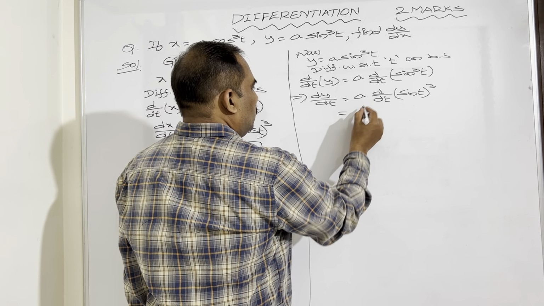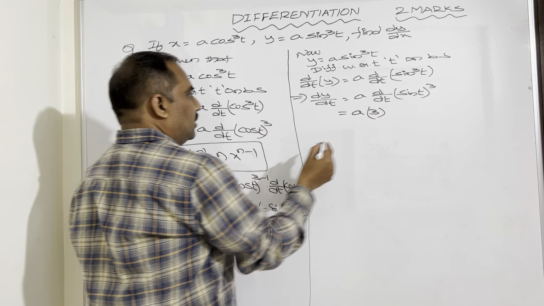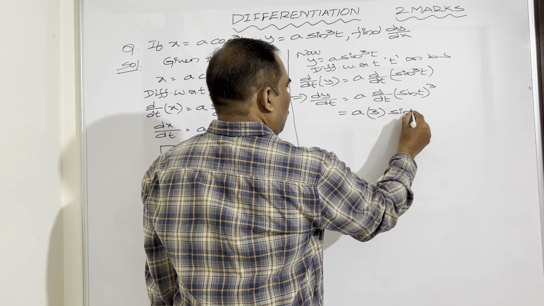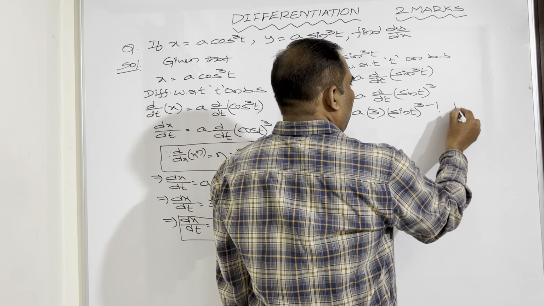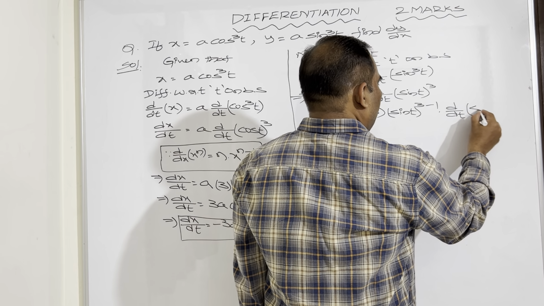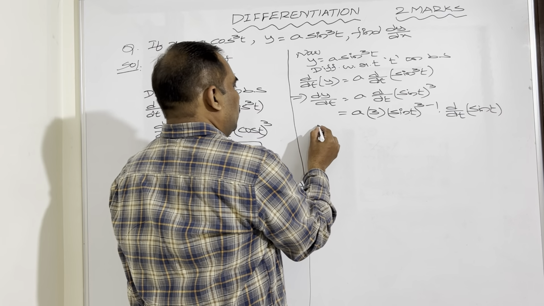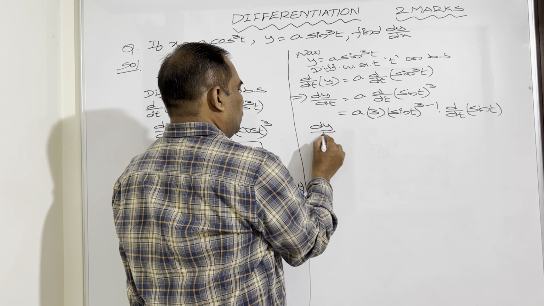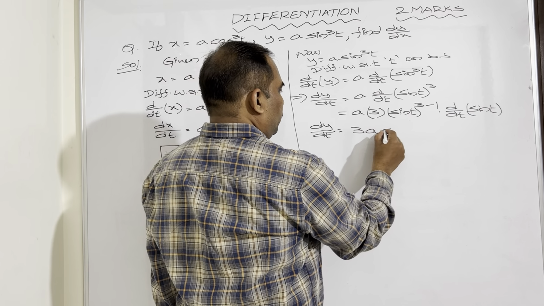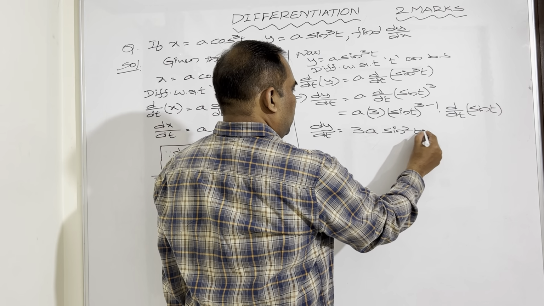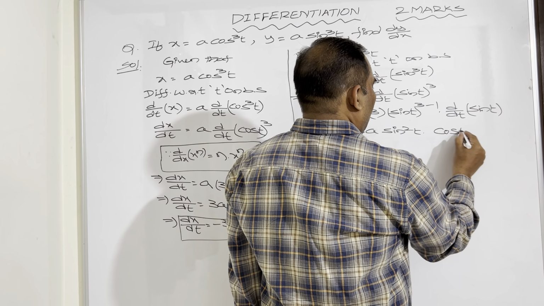So it is equal to a into, n is 3 here, x is sin t, so sin t whole to the power of n minus 1, that is 3 minus 1, into again the derivative of sin t. So now dy by dt is equal to 3a into sin t whole to the power of 3 minus 1, that is sin square t, into the derivative of sin t, which is cos t.